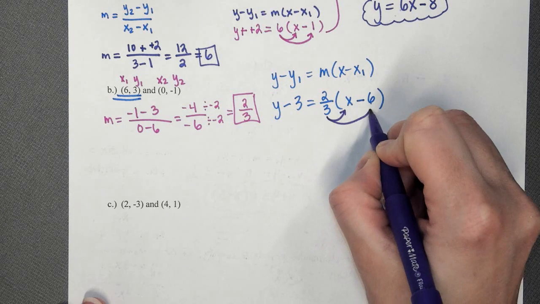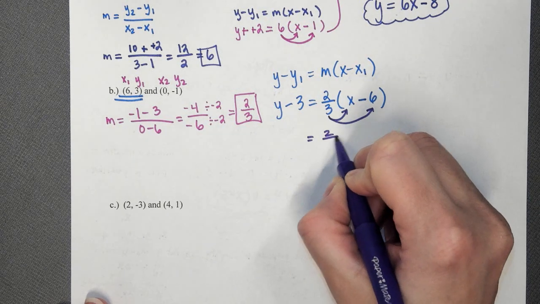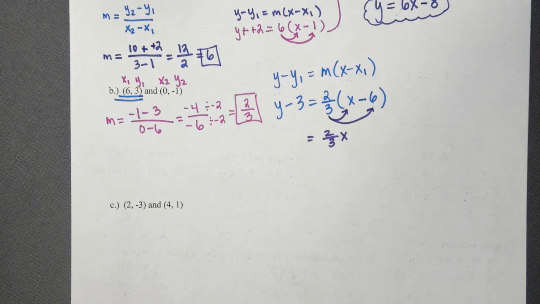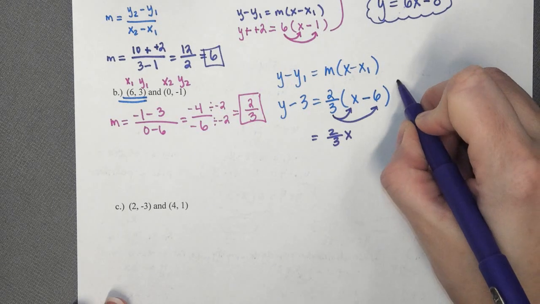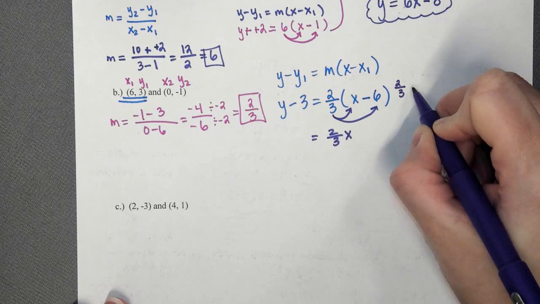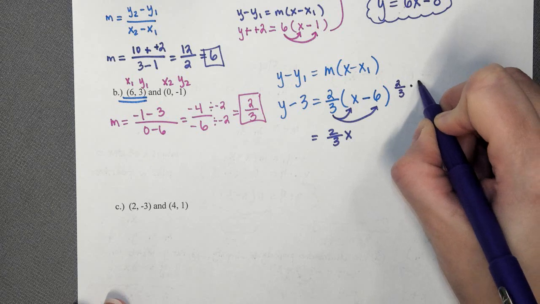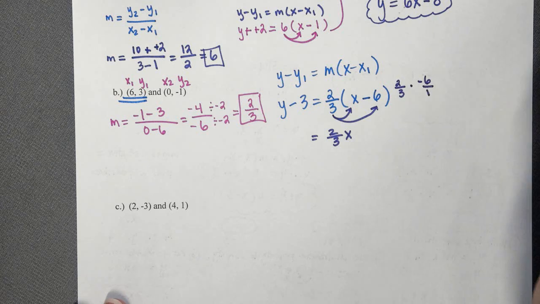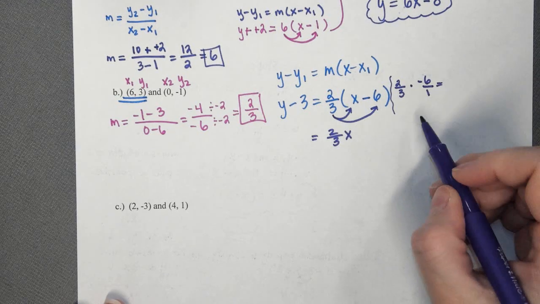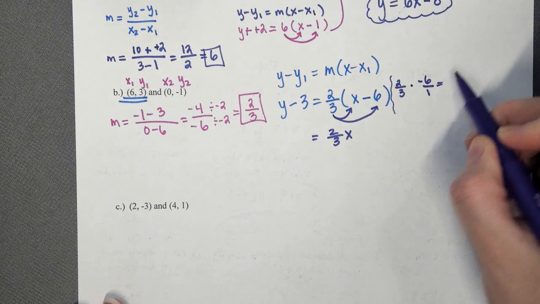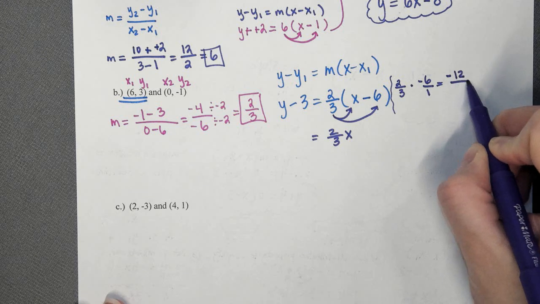Because when you are multiplying anything by x, you just get that number times x, so 2/3 x. You can do the 2/3 times 6 in your calculator, that's fine. Or, this is really what your calculator is doing. Your calculator is doing 2/3 times -6 over 1. I'll make a little side note. If you multiply the top together, 2 times -6, you get -12.